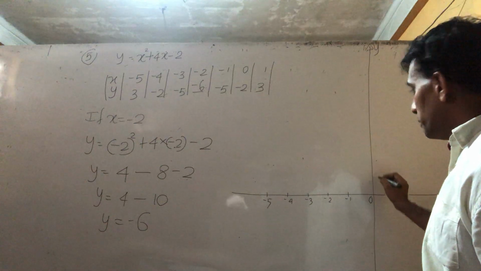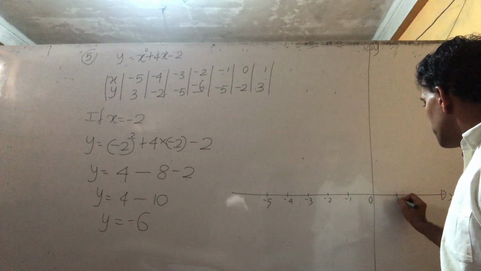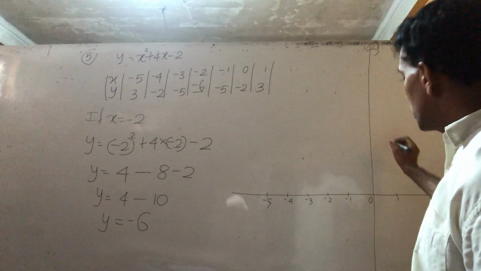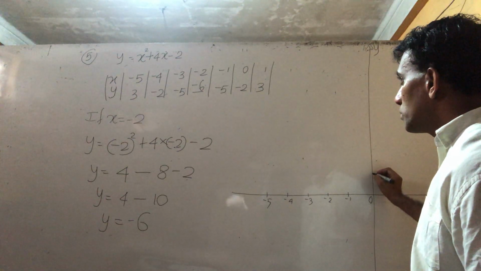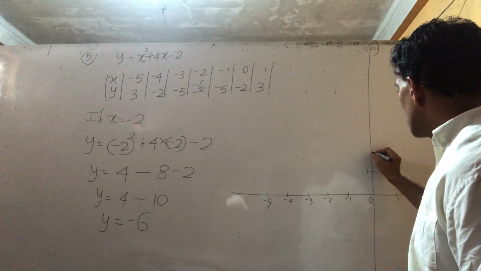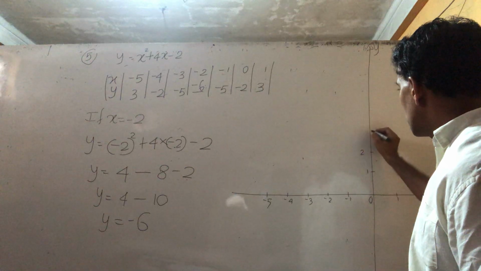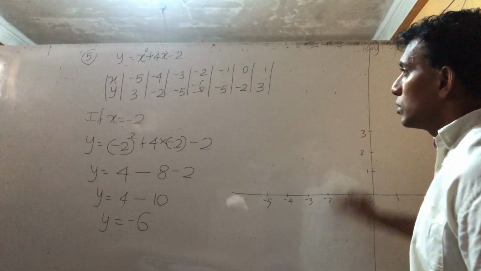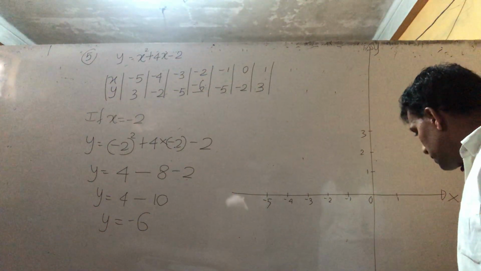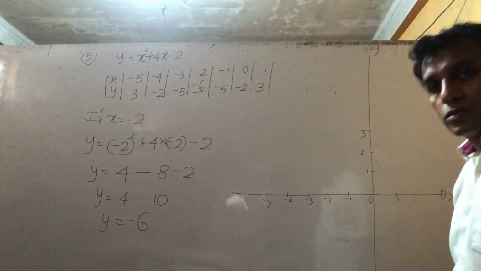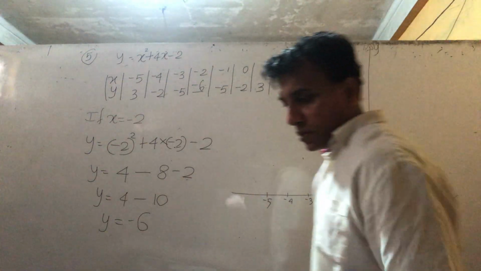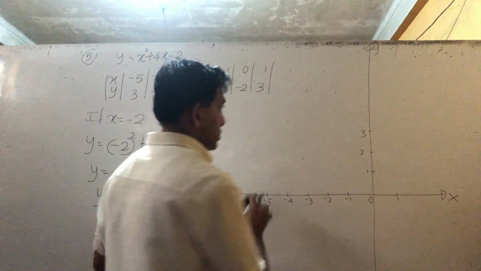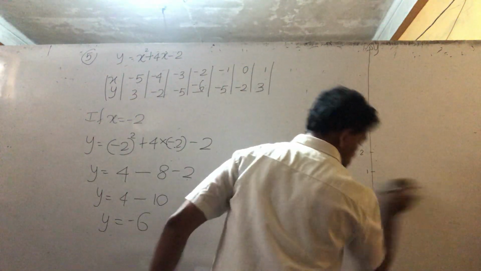Positively up to this 1, and here 3, minus 6. I don't need this space, so therefore I draw up.